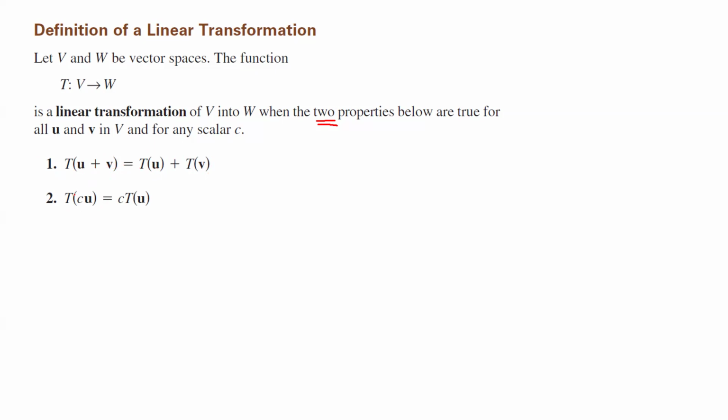So T of c times u becomes c times T(u). It means that this c can be written outside the function. The function has no changes to c. c stays the same. So a linear transformation is a function that preserves addition and scalar multiplication.